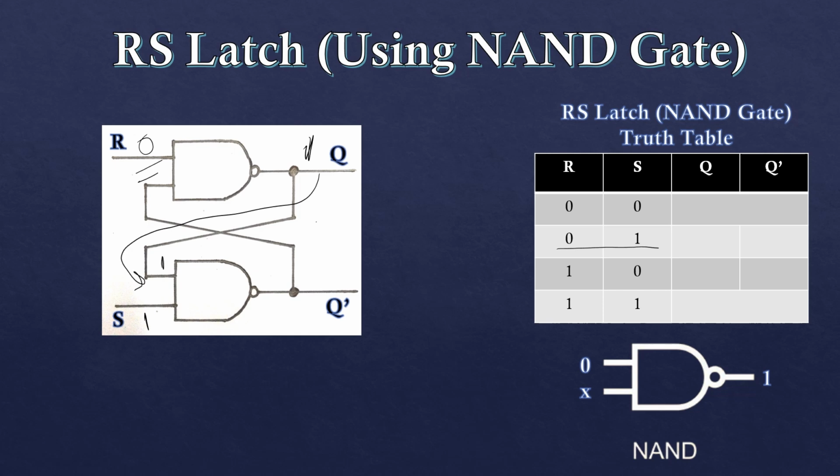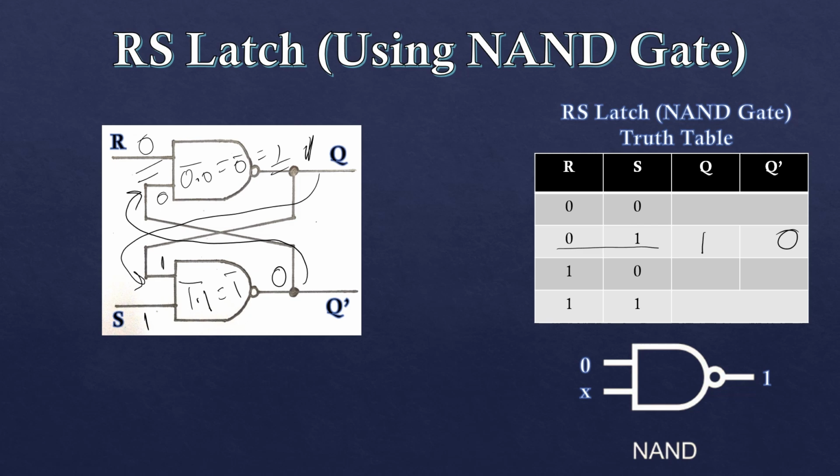This NAND gate does 1 into 1 whole bar, that is 1 bar, that is 0. Now this 0 will go to the first NAND gate: 0 into 0 whole bar is equal to 0 bar is equal to 1. Once again we got the output as 1. So the RS latch is balanced now. This is the final result. I will write Q is 1 and Q bar is 0.